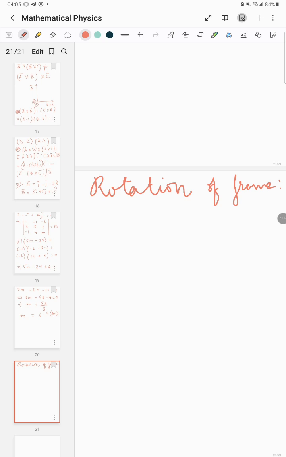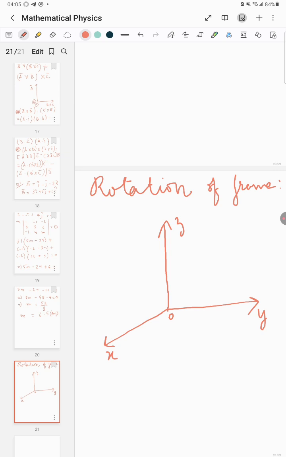Now let us consider an XYZ frame, with X being this, Y axis being this, and Z axis being this.